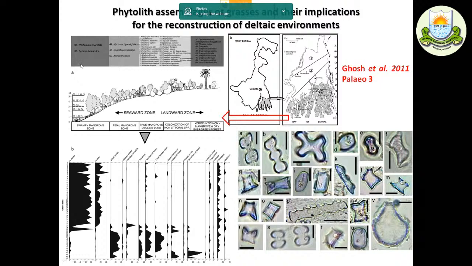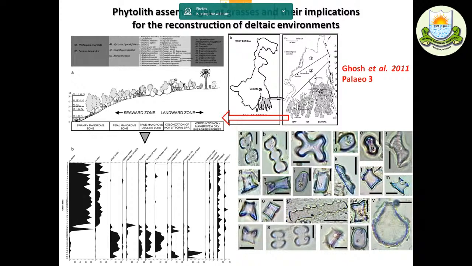Now we have collected 50 grasses covering all these 5 subzones of the deltaic environment, and on the basis of the phytolith spectra of these 50 grasses, we noticed that the swampy mangrove, the true mangrove zone, and the landward zone, I mean the zones which are high in salinity and low in salinity, can be discriminated on the basis of phytoliths.